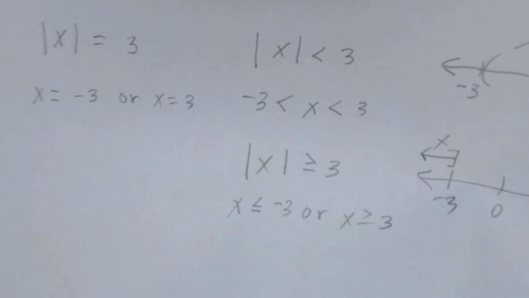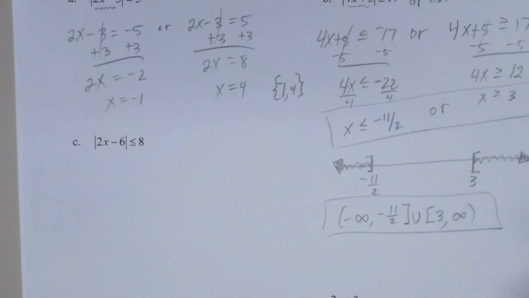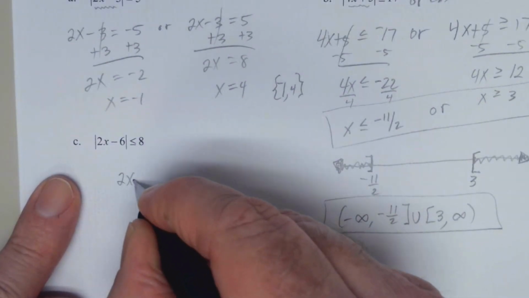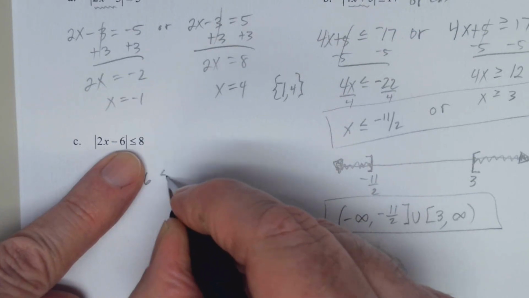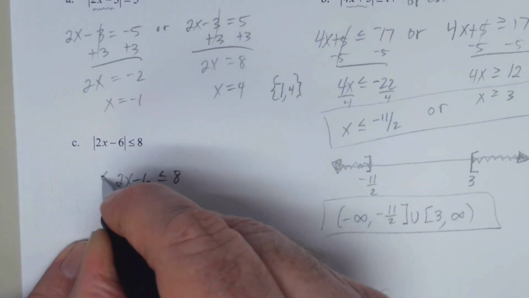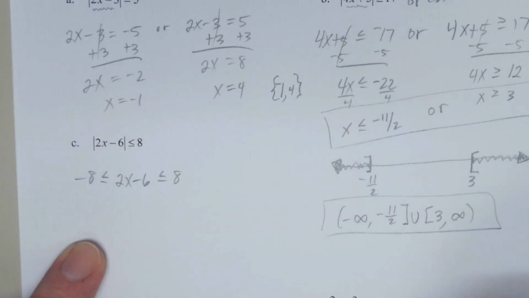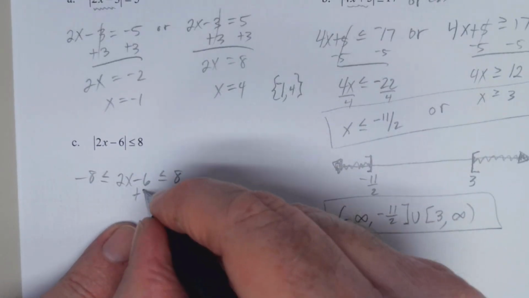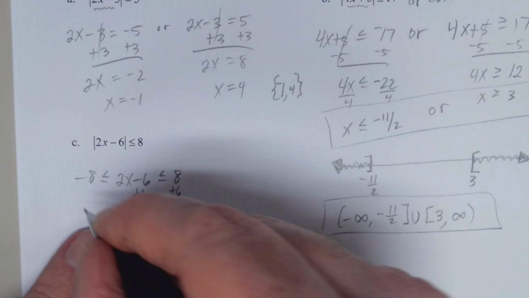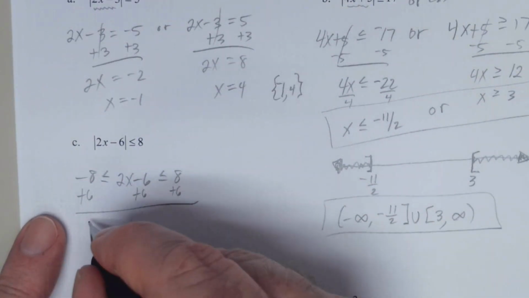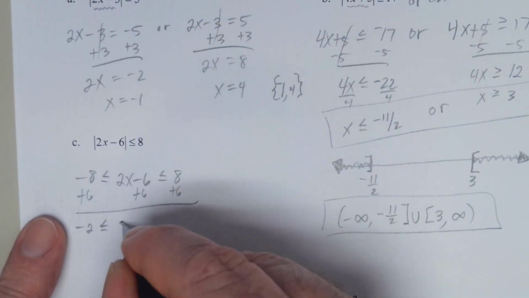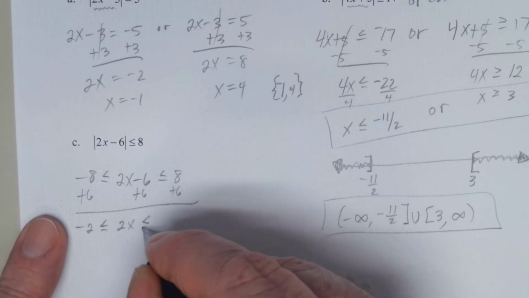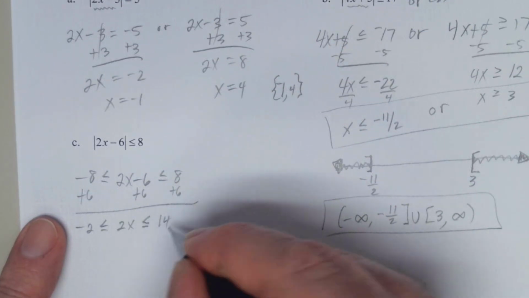So let's go back to our problem. We're going to put 2x minus 6 between 8 and negative 8. And so now we want to get x by itself in the middle. So first I'm going to want to add 6 to each part. I get negative 2 is less than or equal to 2x is less than or equal to 14.